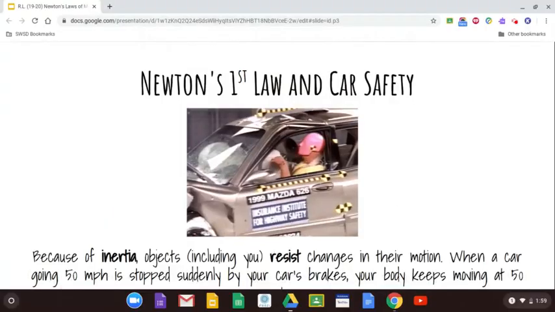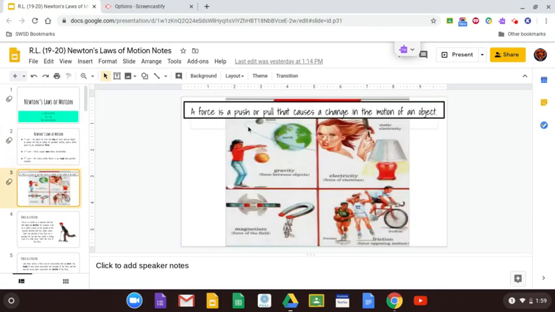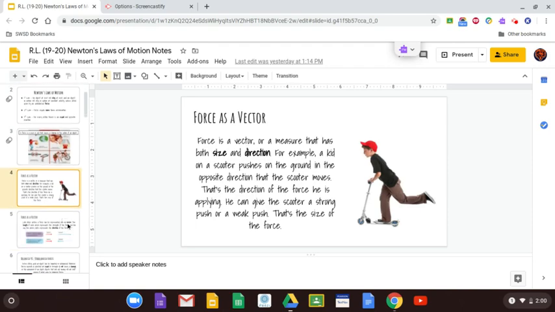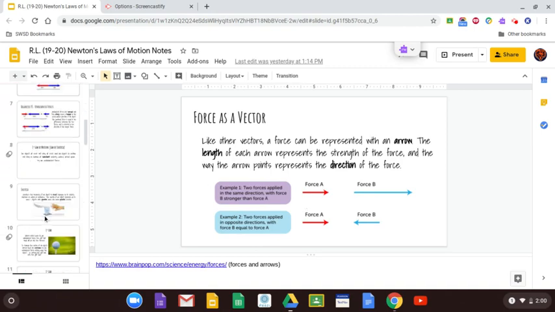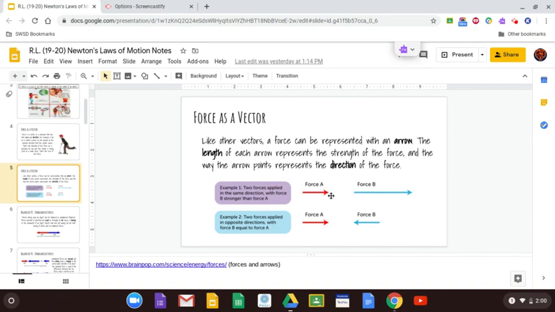So big takeaways. Let's see what we have. Basically, our big takeaways are forces are a push or pull that causes a change in motion. Forces are a vector, meaning they have size and direction. And when we look at an example, and you'll see some later on in here, whenever it shows an arrow, the arrows really do mean something.